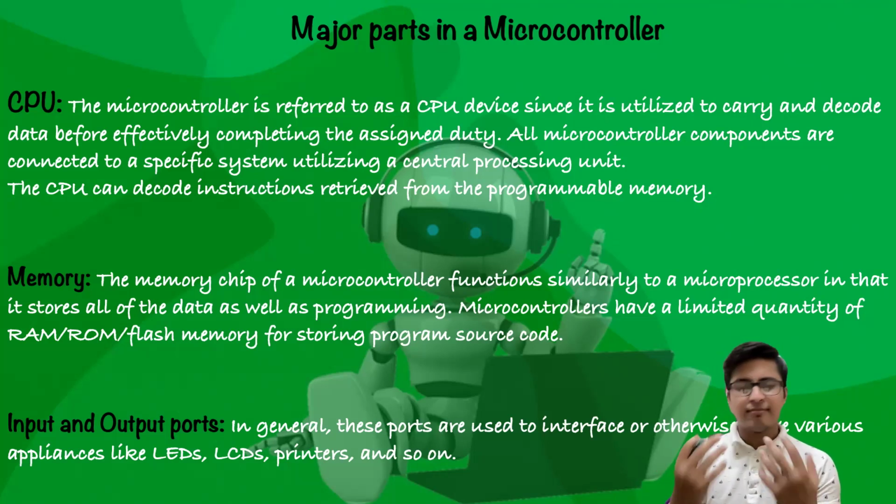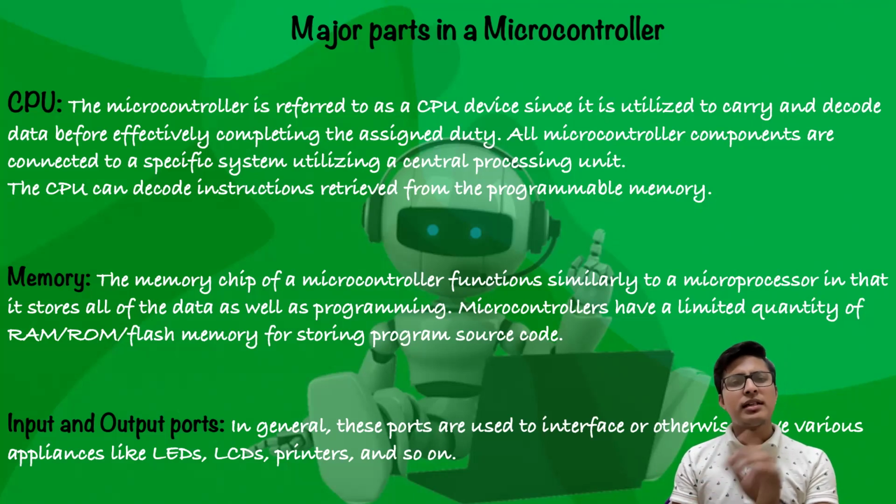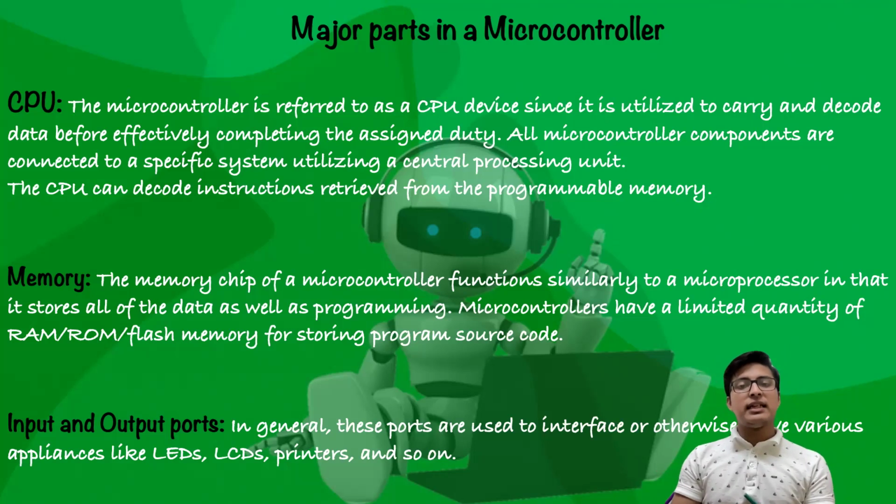Why? It is actually the central processing unit of the robot. All microcontroller components are connected to a specific system utilizing a central processing unit, so it can decode the instruction and process it.